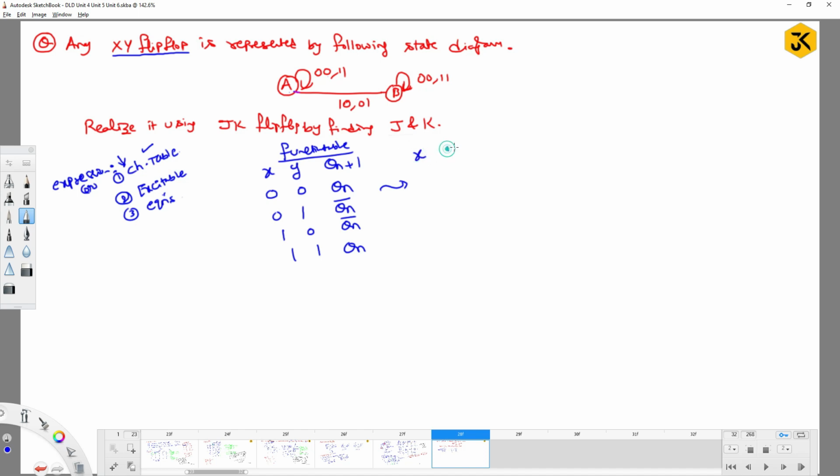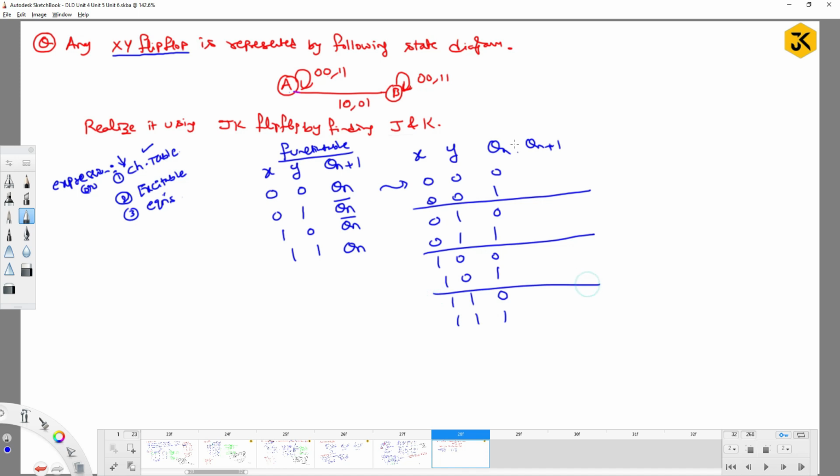With this function table we can get the characteristic table once again, with columns xy, Qn and Qn plus 1. If the values of xy are 0 0, you stay in the same state, which is simply latch mode, so Qn.